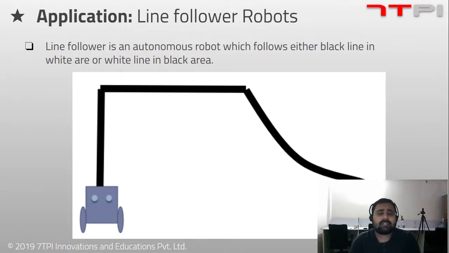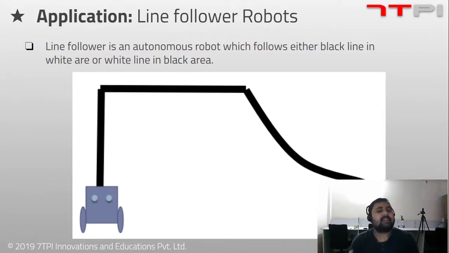Now let's come to the semi-autonomous robots. Semi-autonomous robots are those robots which are programmable and can also be manually controlled. Semi-autonomous robots are like your line follower robot.